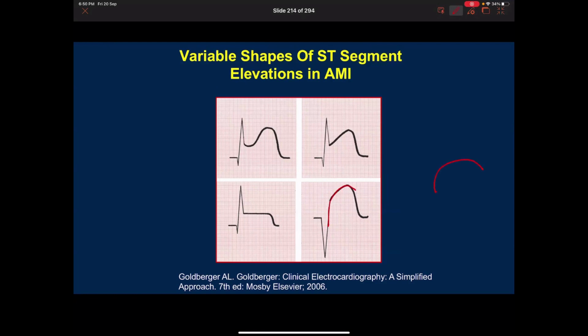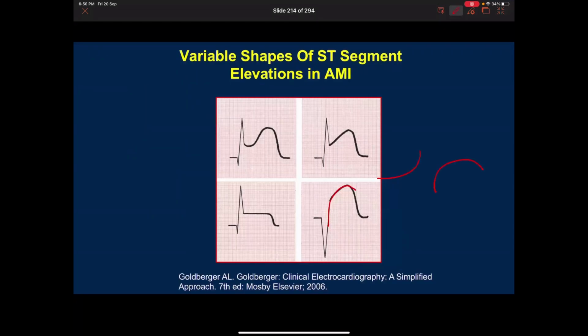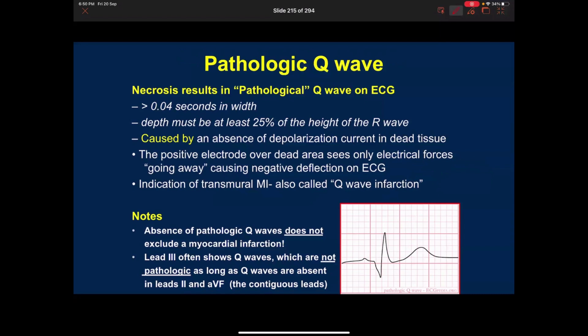Concave is like this, convex is like this, okay? No, sorry. This is convex, this is concave. So in a STEMI, it's going to be convex, like this. In a pericarditis, it's going to curve outwards, so it's going to be concave. Okay, this is how you can differentiate them.